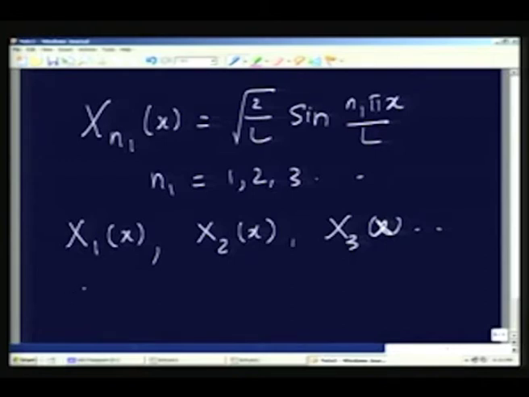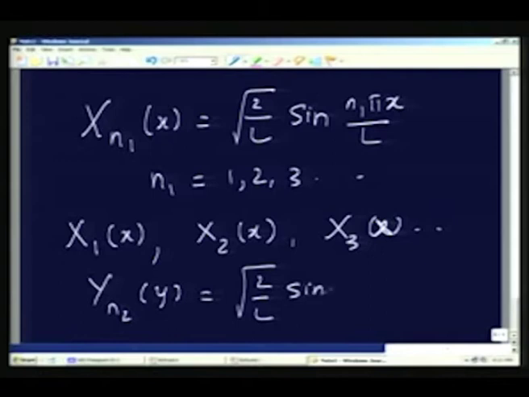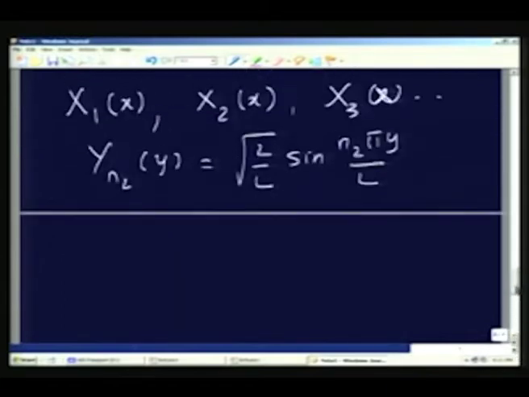Likewise you have for the y, Y n2 of little y is root 2 by L sin n2 pi y by L, also running into the indices Y1 of little y, Y2 of little y, and so on.